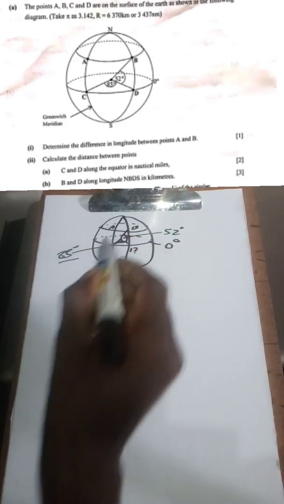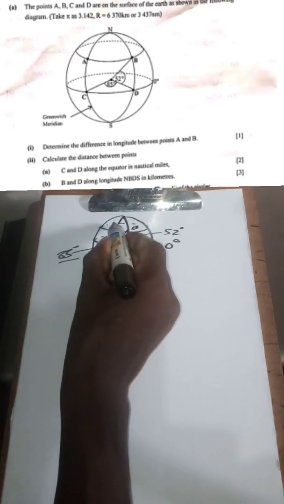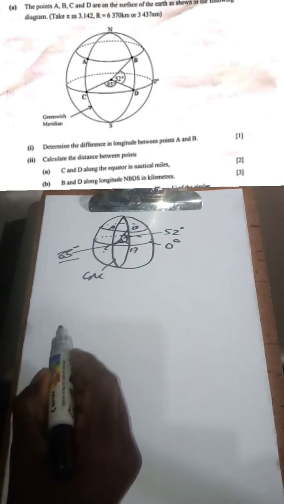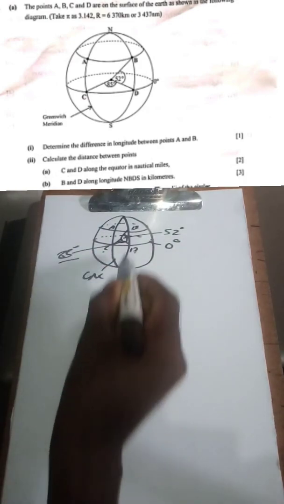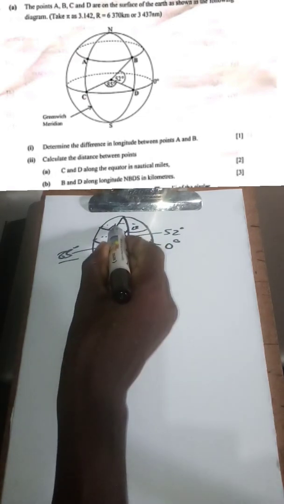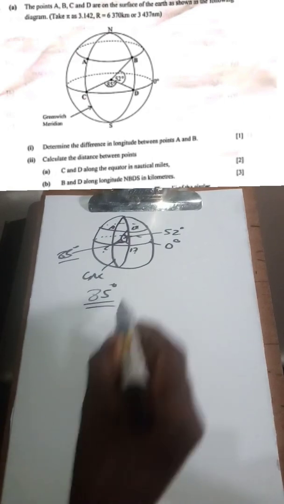It is implied because A and C are lying on the same longitude, and B and D are lying on the same longitude, which also means the longitude difference between A and B is also 85 degrees.